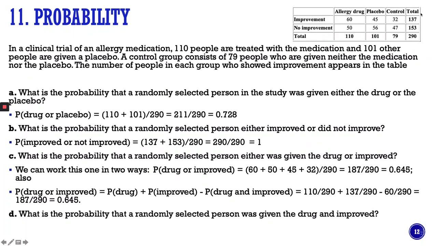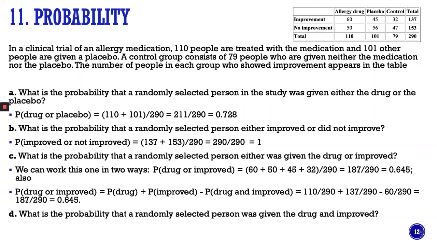The probability improved is the 137 minus the drug and improved, which is 60. And we still get the same total. So make sure you only add them once each time. So the 60, the 50, the 45, and the 32. Or you can do this total plus this total minus the overlap. Either way works. You still get the same answer.